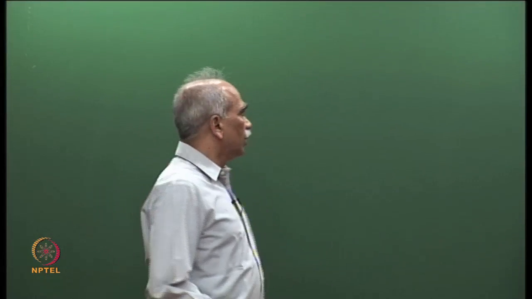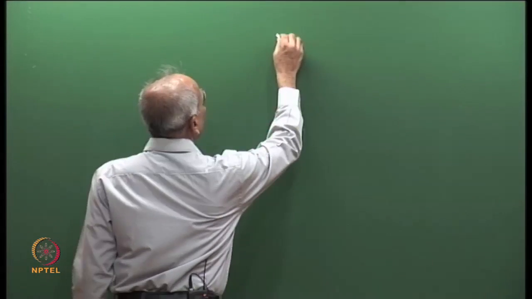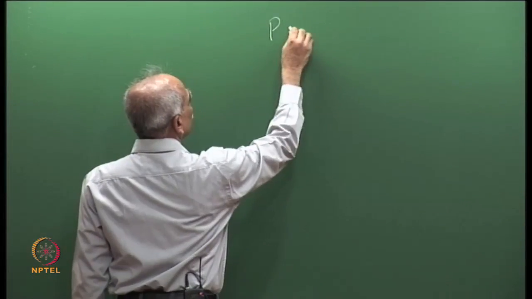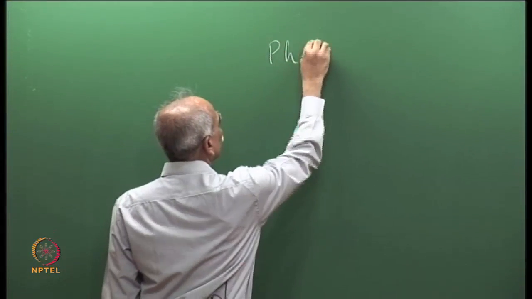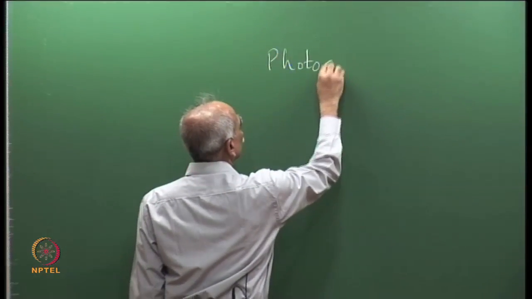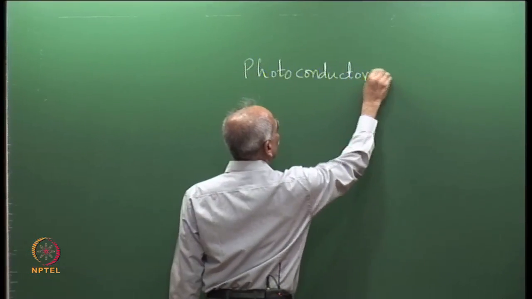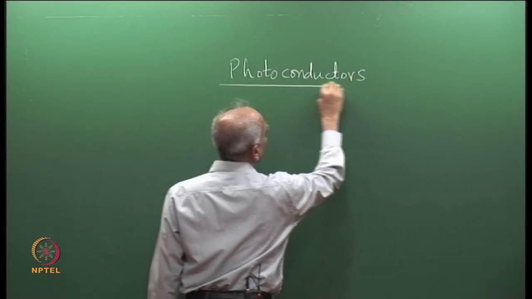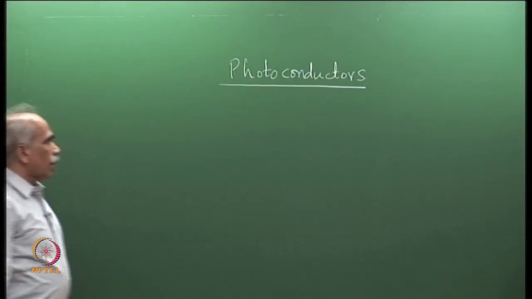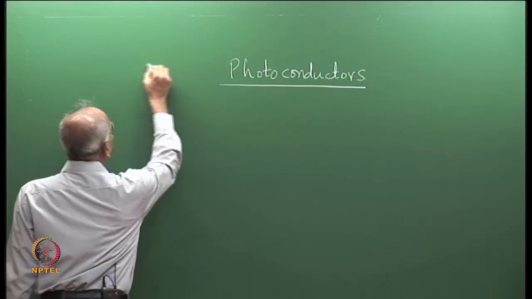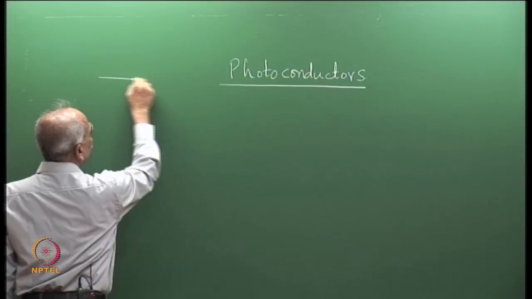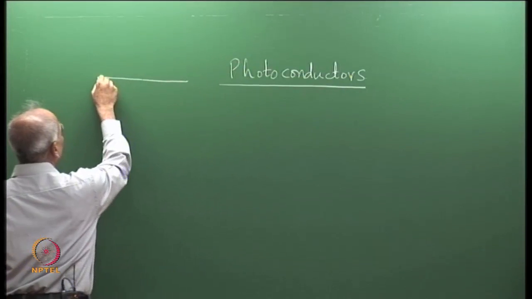Okay. In the last two lectures, we discussed the general characteristics of photodetectors, and today we will consider photoconductors. As I indicated, there are three important semiconductor detectors.